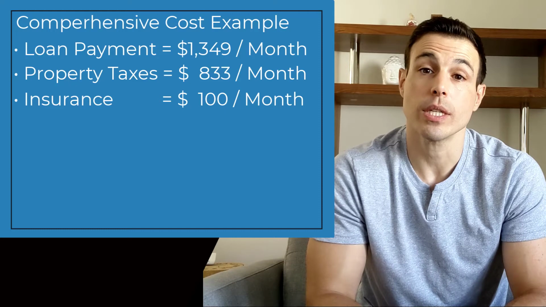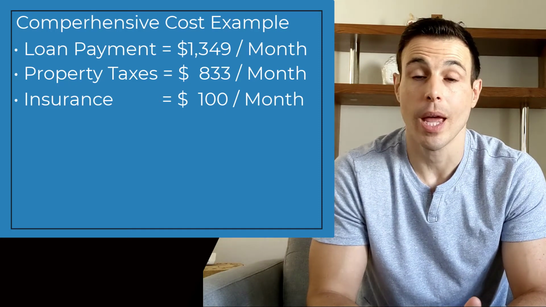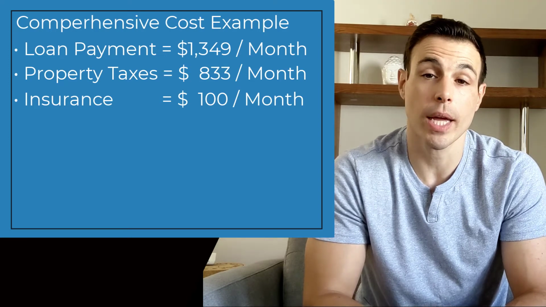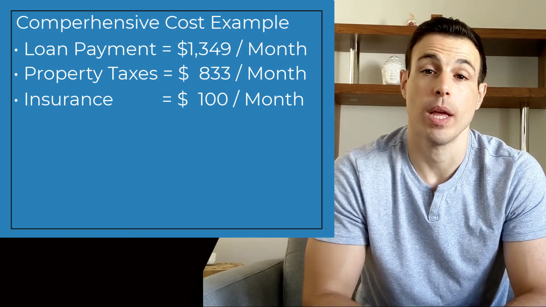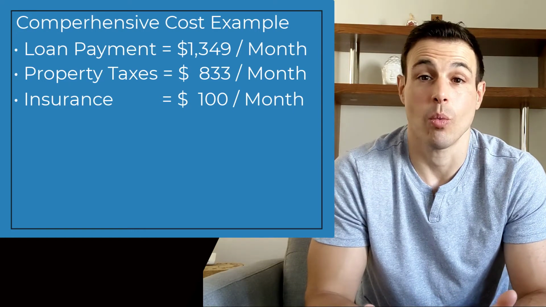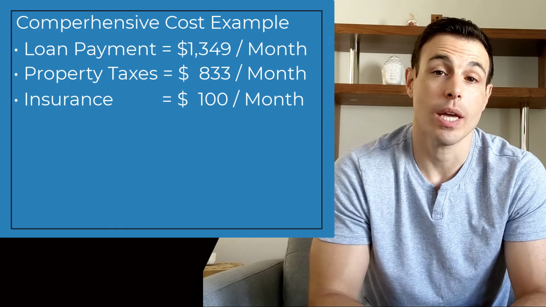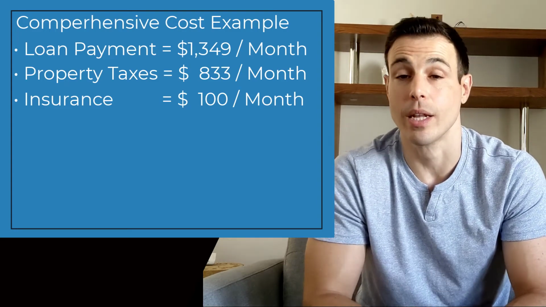The next cost is home maintenance, and this cost is unavoidable, and it's going to be a combination of planned and unplanned maintenance. Some examples of planned maintenance are things like weekly and seasonal yard maintenance, yearly AC servicing, interior and exterior painting, things like that.